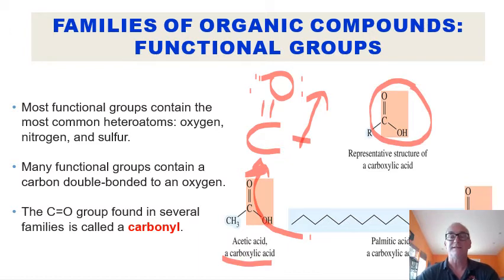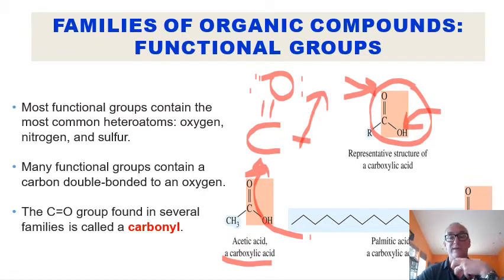So we see that it has a carbonyl group, the C double O bond, and it has a hydroxyl group, or an OH, directly next to it. And this hydroxyl group now has increased negative charge on it because of the presence of the other oxygen.